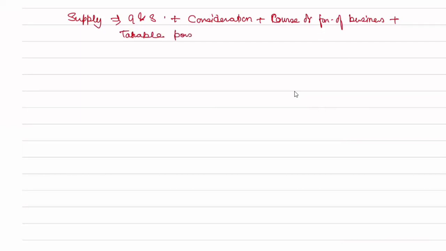Correct? Taxable person. Plus, it should be a taxable supply. Alcoholic liquor for human consumption and 5 petroleum products are excluded. Correct? Plus, it should be within taxable territory.